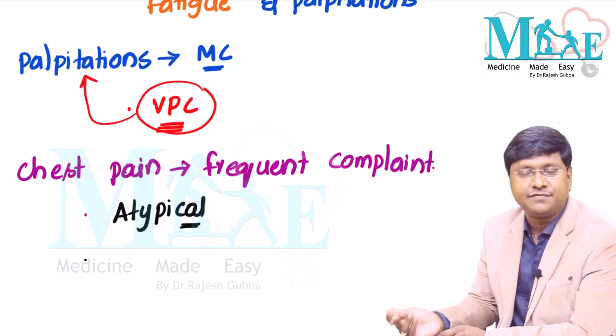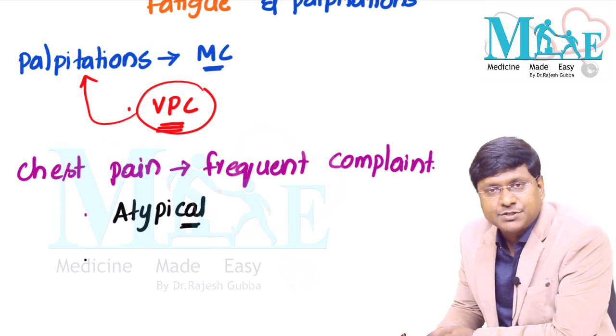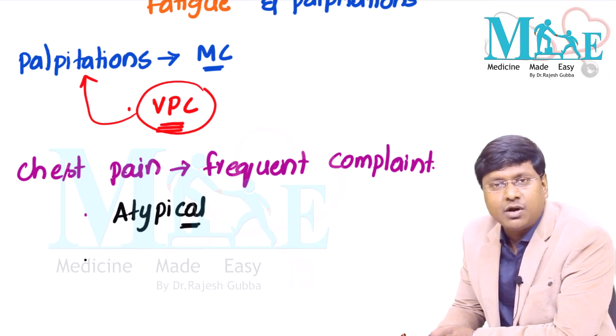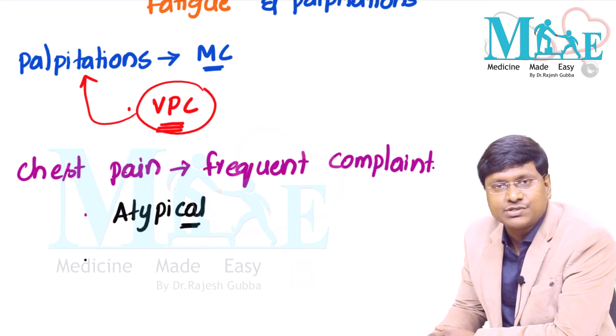Now, what do you mean by the difference between typical and atypical chest pain? Typical chest pain means that particular chest pain which is of cardiac origin due to coronary artery occlusion. The chest pain of coronary artery occlusion has the following characteristic features. Most of the time, the location is retrosternal, and the pain increases on exertion, that is, while simple walking or doing routine day-to-day activities.